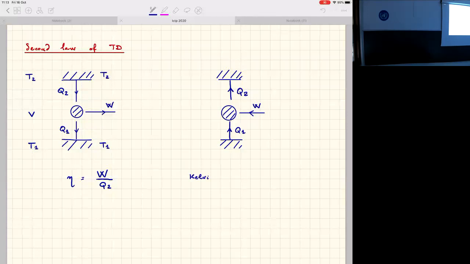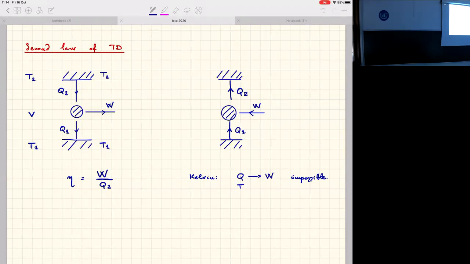Kelvin said, a transformation whose only effect is the conversion of heat taken from a source at fixed temperature into work is impossible. If you want to remember this statement, the pen does not jump up from the table. You cannot absorb heat and do work only.